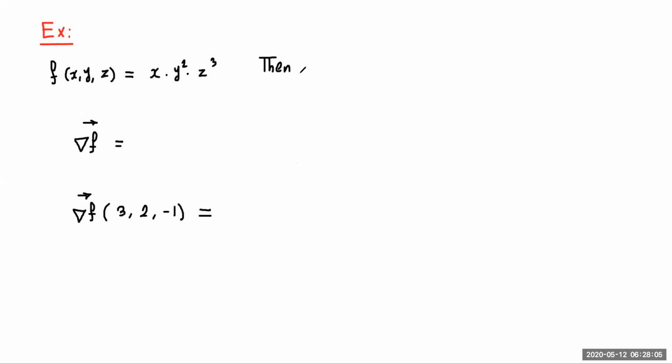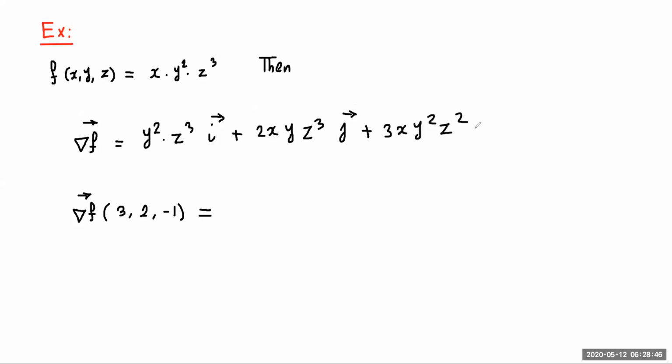So let's take an exercise. Let's calculate the partial derivative of f given in this formula here. The partial derivative with respect to x will be y^2 z^3 times i, plus the partial derivative with respect to y, which will be 2xy z^3 times unit vector j, then with respect to z is 3xy^2 z^2 k.